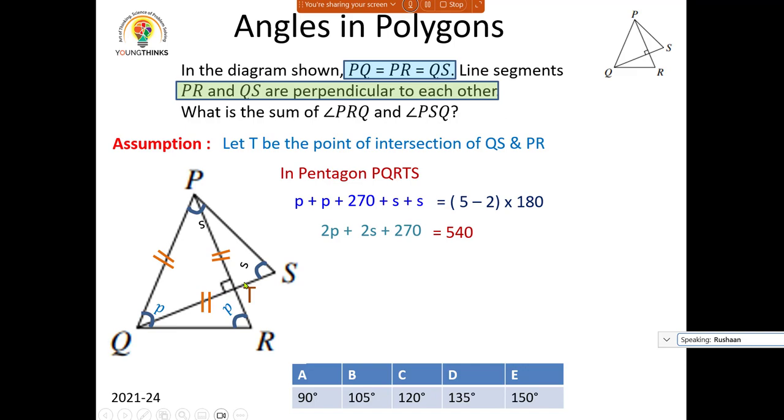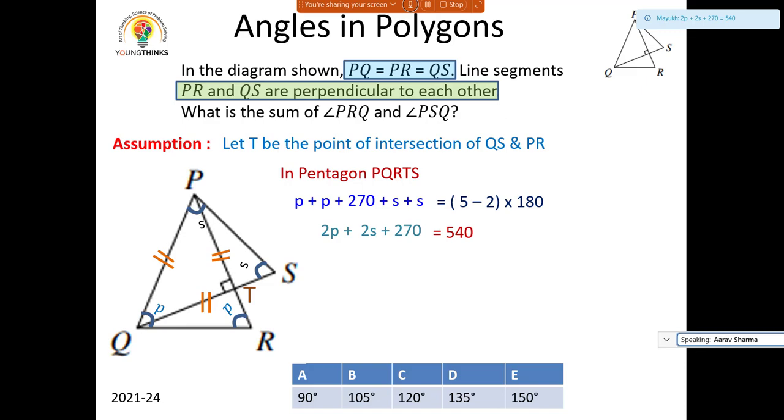Can we just put S as P because S and P are equal? So couldn't it just be 4P plus 270? They are both isosceles triangles sharing a common side, so the angles are all the same.